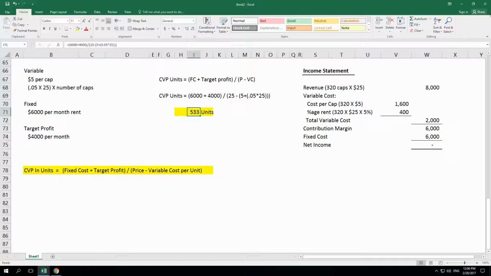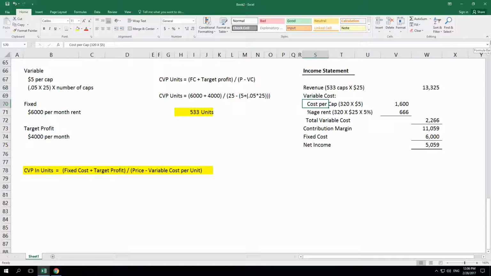Okay. So what I'm going to do is come back through here and test it. So now my revenue is going to be 533 caps times $25. So let's see how this works. I'll just change the math. 533. Okay.